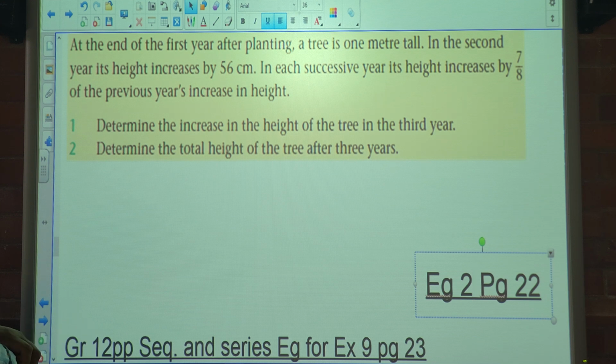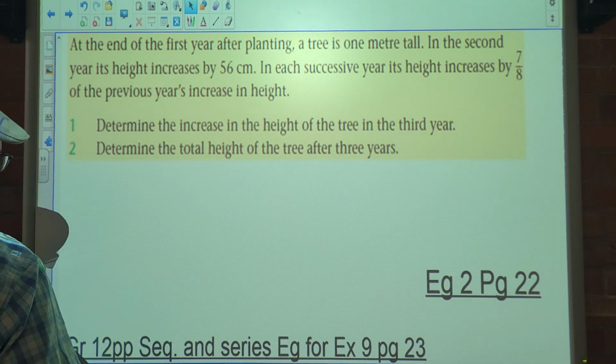In the second year, its height increased by 56 centimeters. In each successive year, which means each year thereafter, its height increases by 7/8 of the previous year's increase in height. Determine the increase in height of the tree in the third year.